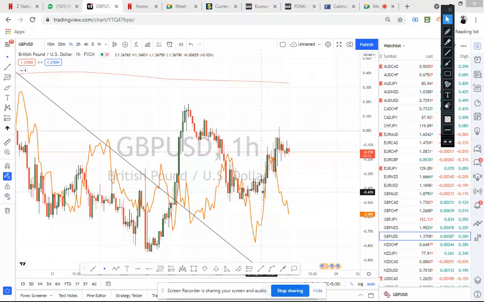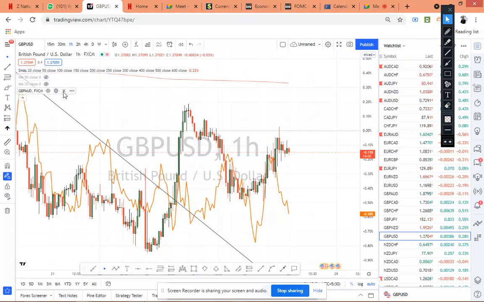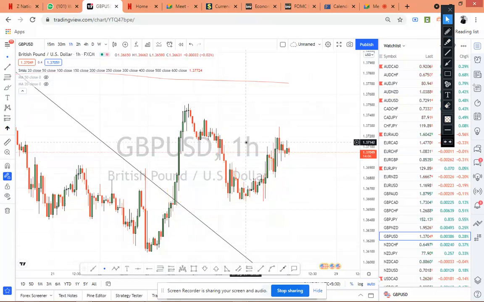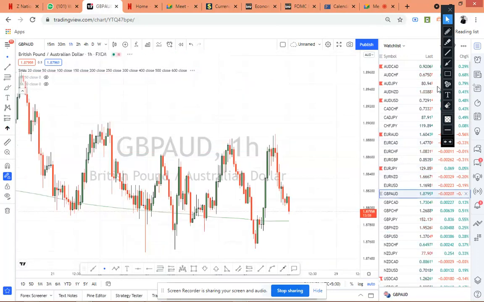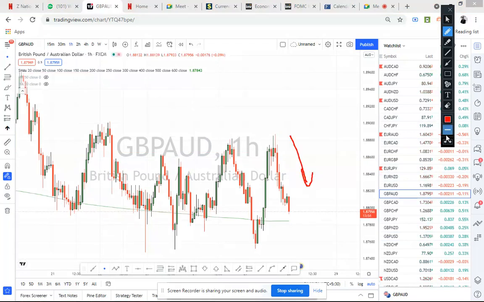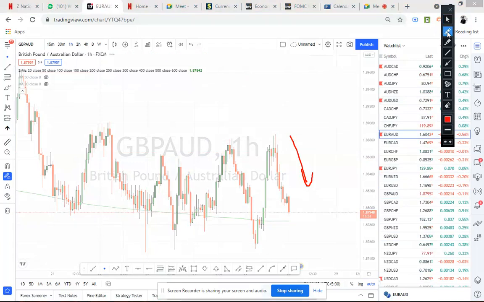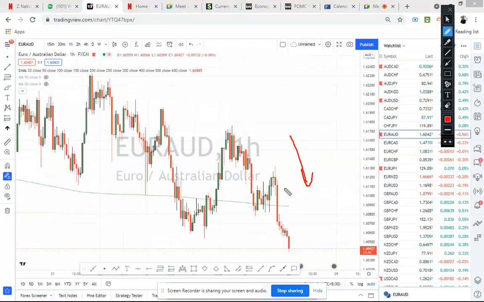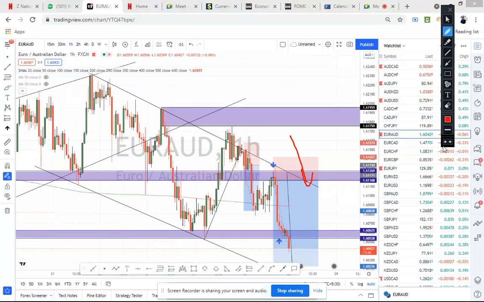You can see. Okay, so look at GBP AUD. GBP AUD is bearish. Look at Euro AUD also. Euro AUD also is bearish.